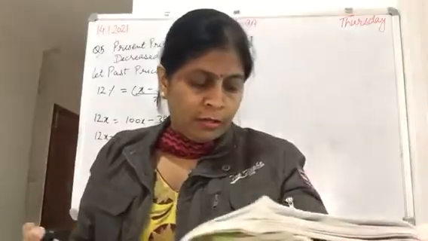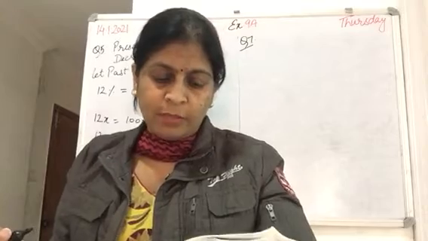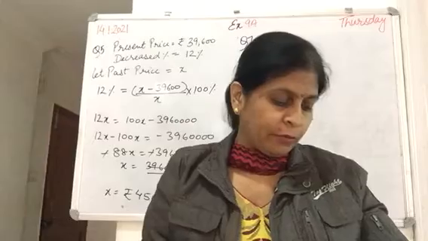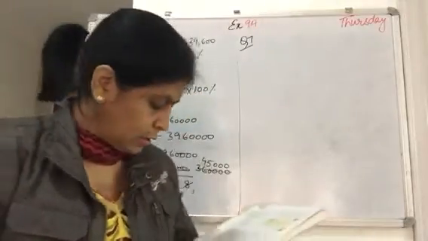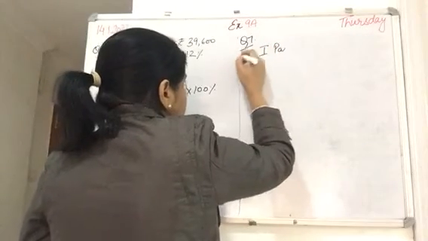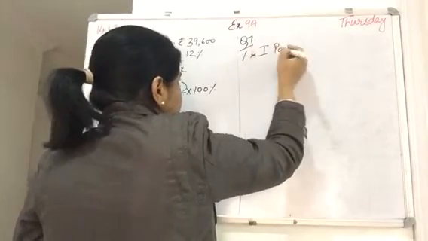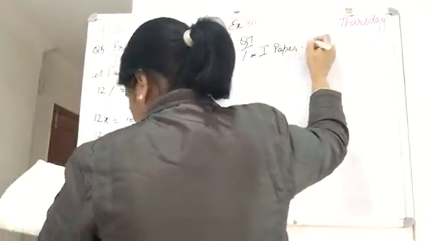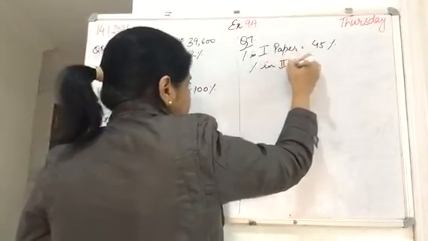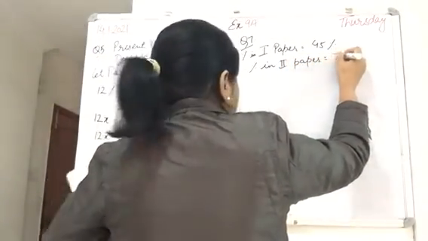that Ranjan got 45% in the first paper, and in the second paper he got 70%. How much percent should he get in the third paper so that he gets an overall score of 60%? So the percentage in the first paper is 45%. The percentage in the second paper is 70%.